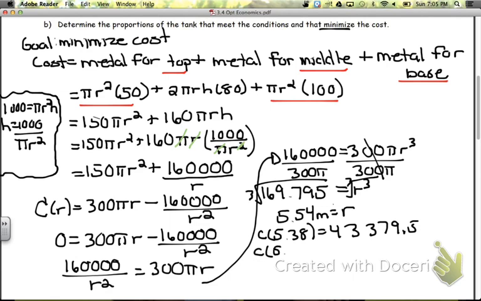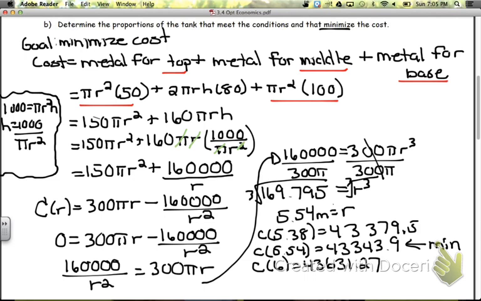Put in 5.54, we get 43,343.9. And put in 6, and we get 43,631.27. So you see here that this is indeed our minimum.